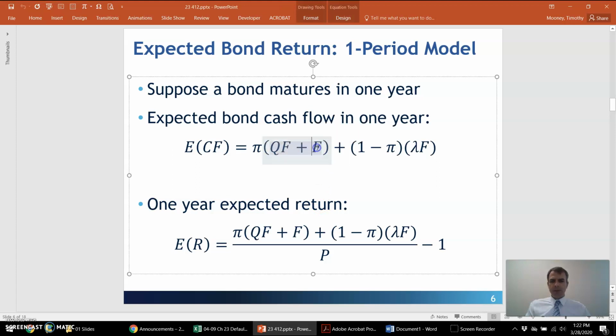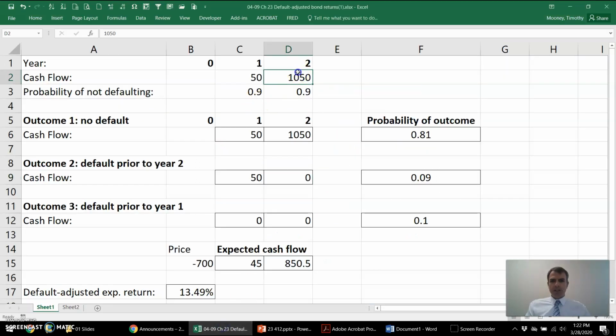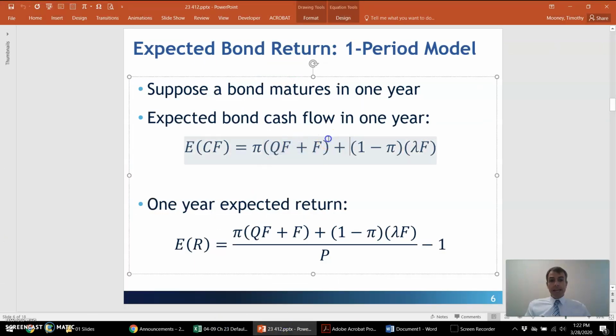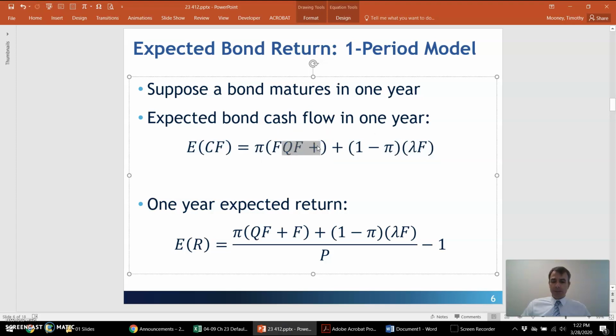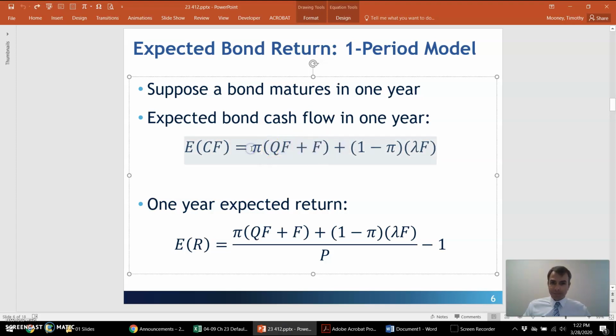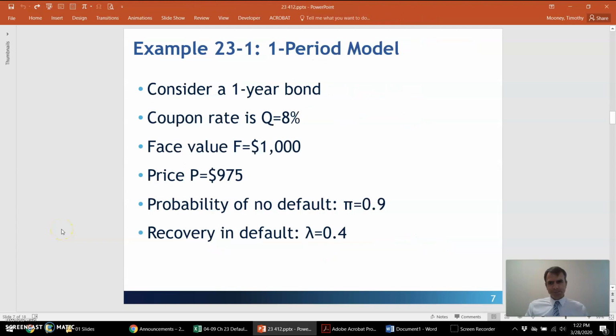These are the two cash flows we would receive when the bond matures, just like here in year 2 of this bond from the previous video. And that happens if the bond does not default, so the probability of that taking place is pi. And then there's a 1 minus pi probability that the bond defaults in this model, in which case we get some fraction of the face amount, where that fraction is denoted by lambda. So let's work through an example on the next page about this.